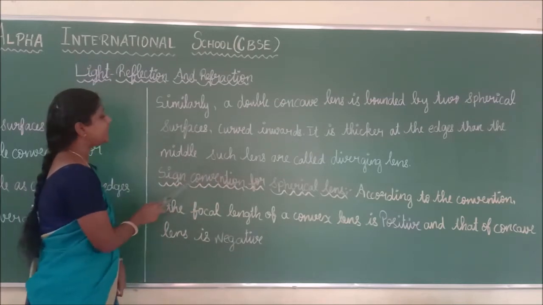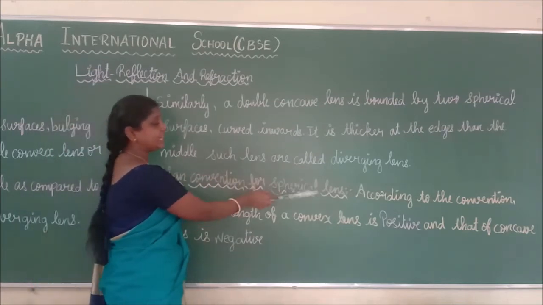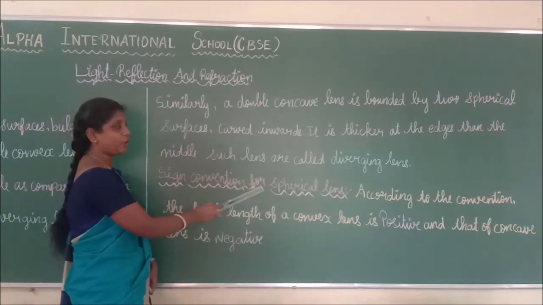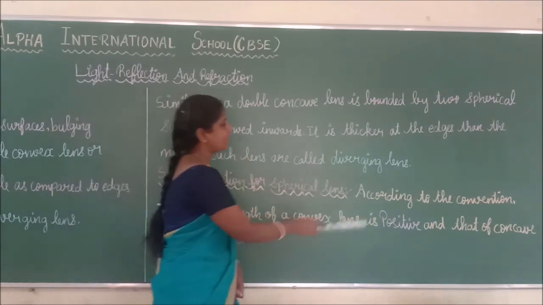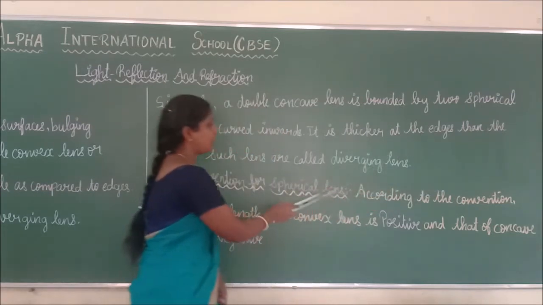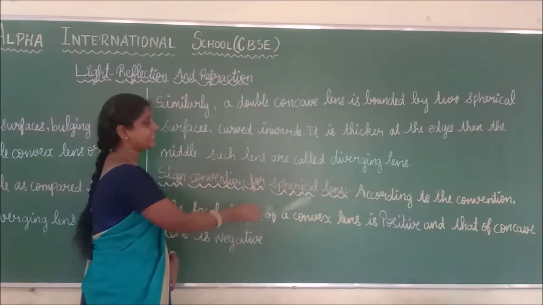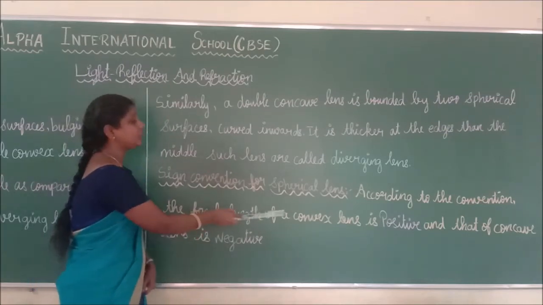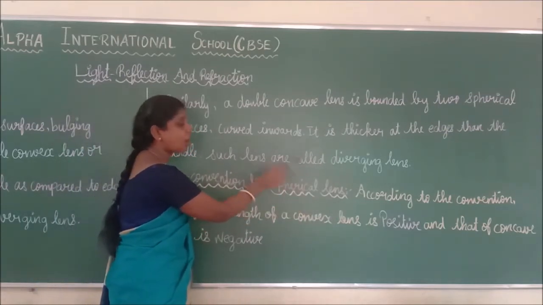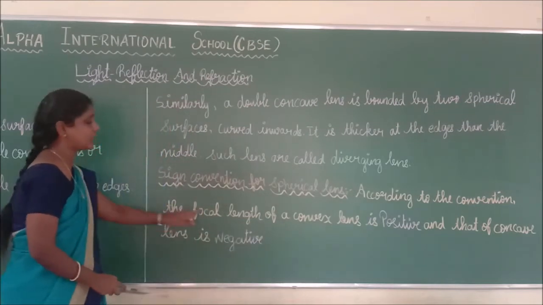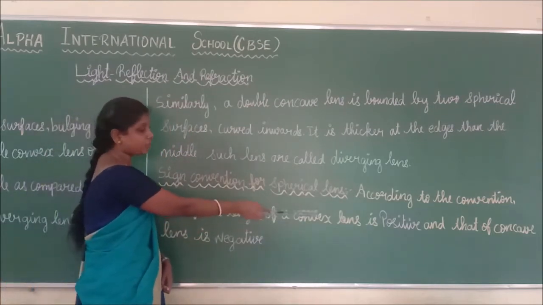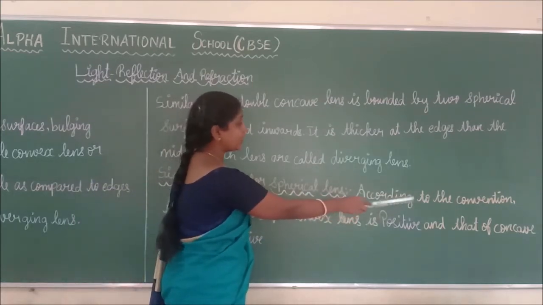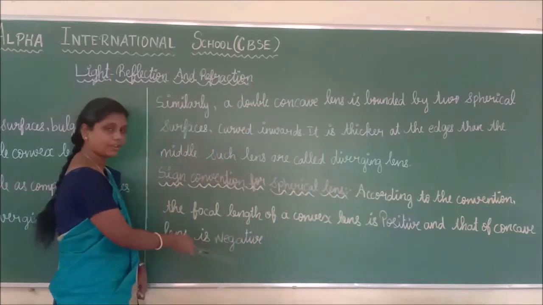Next, sign convention for spherical lenses. According to sign convention, the focal length of a convex lens is always positive, and that of a concave lens is always negative.